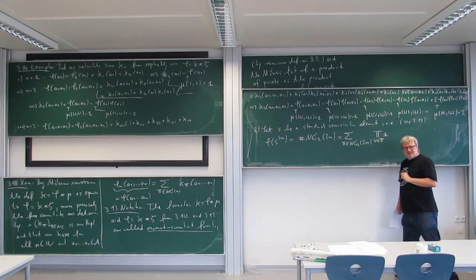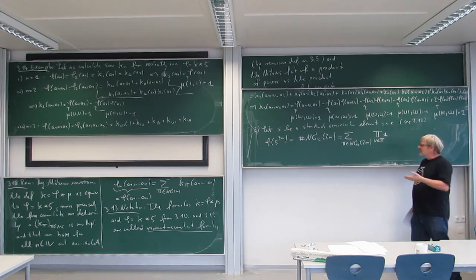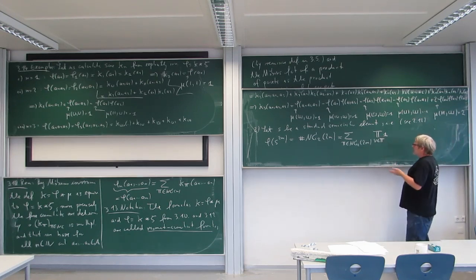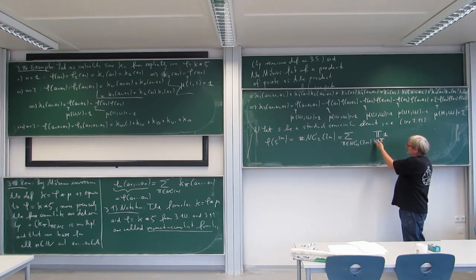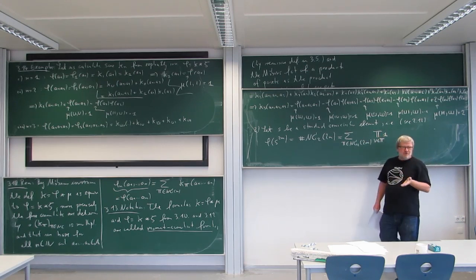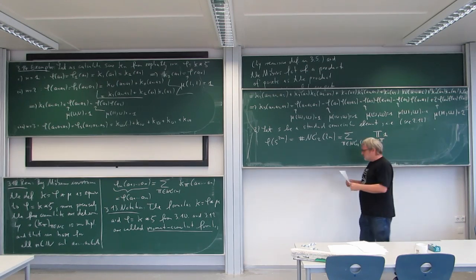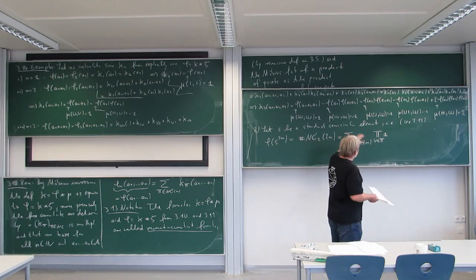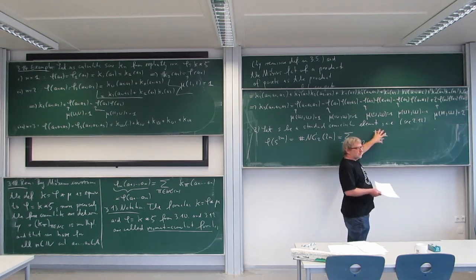The only thing is that we are not summing over all non-crossing partitions here, but only over the pairings. But of course, this can be taken into account by saying that the contribution of a non-crossing partition with a block which does not have size 2 is 0. And then we could write down this general formula, but effectively we are only summing over the non-crossing pairings. So we have exactly here this formula summing over all the non-crossing pairings, and we have a multiplicative contribution.